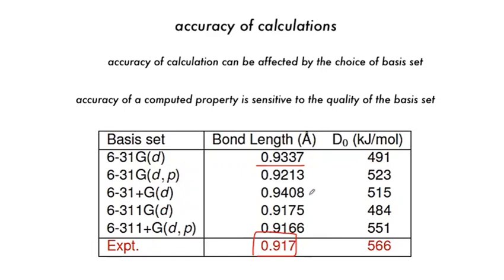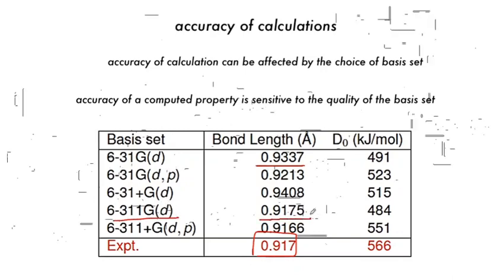But if we improve the accuracy of the calculation, we can get a better bond length. But just because we've got a better bond length doesn't mean we've actually got a better representation of the dissociation energy. You can see here that the 6-311G(d), where we have d orbitals on the carbon atoms, provides a very nice bond length.